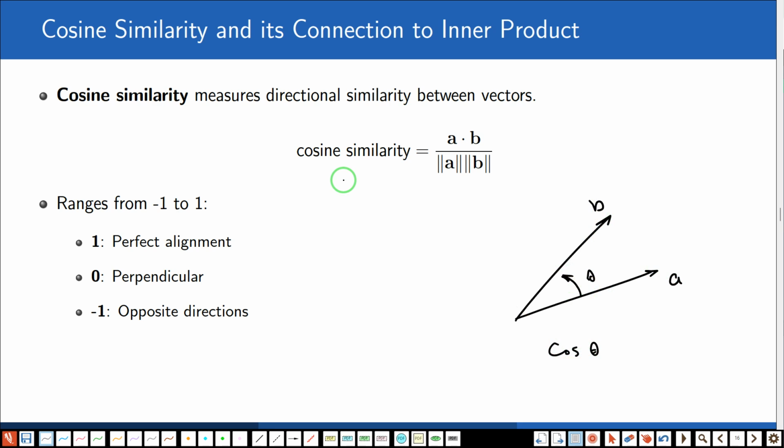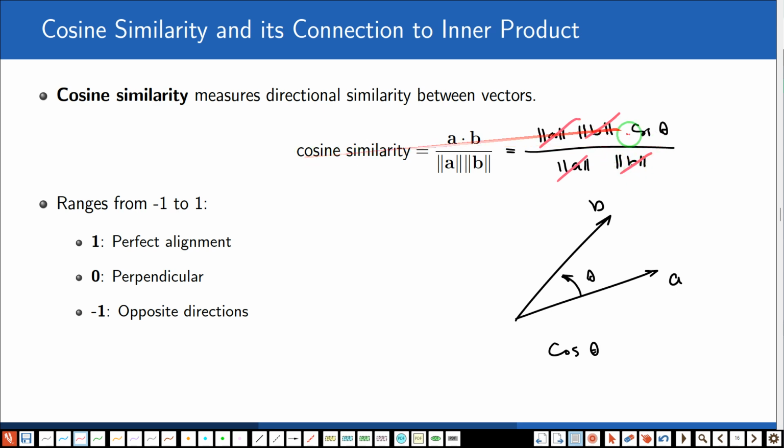We know that the dot product is simply the size of A times the size of B times cosine of theta. If we divide it by the size of A times the size of B, these cancel each other out.